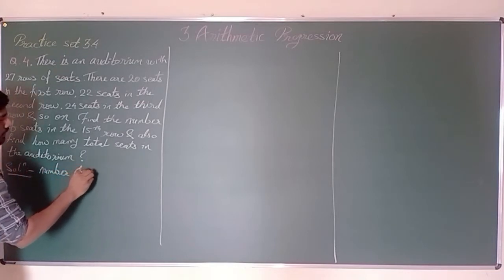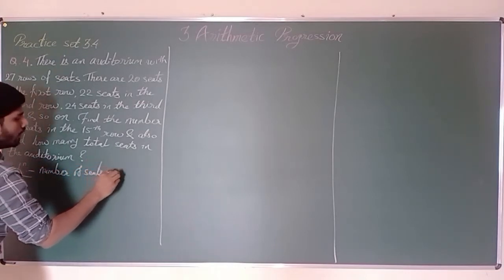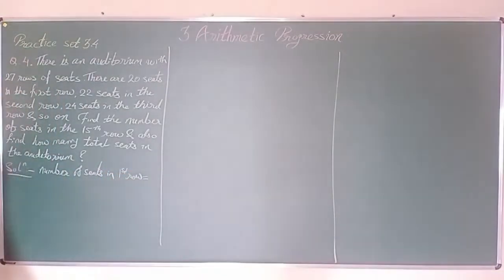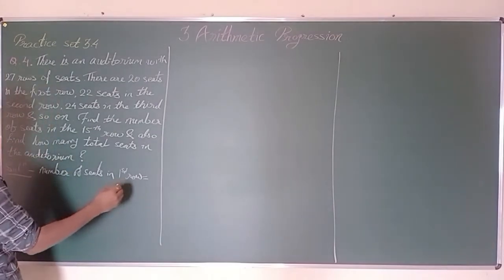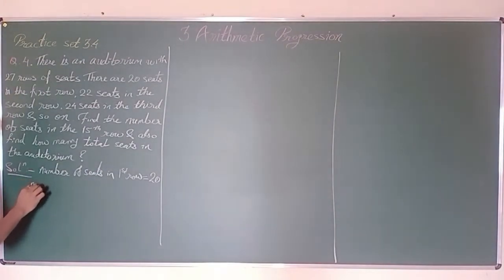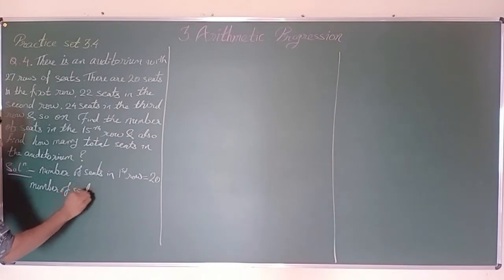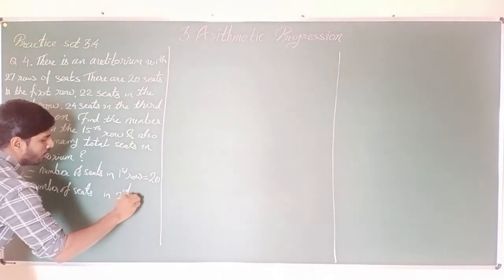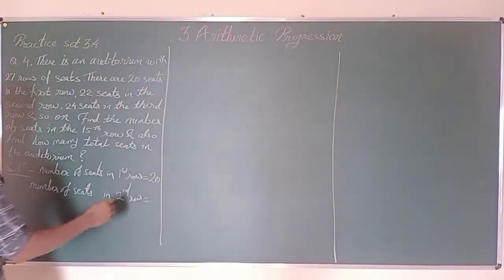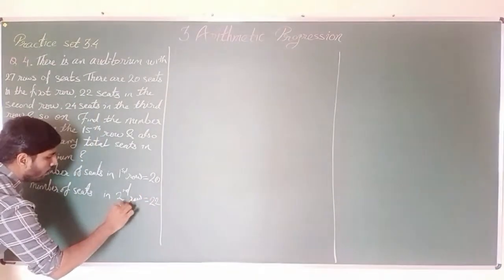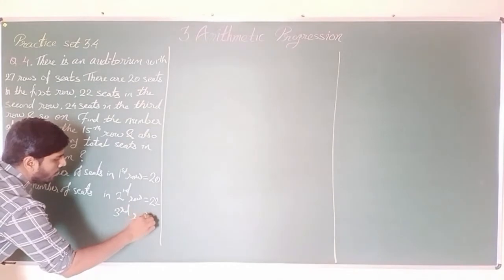Number of seats in the first row are 20. Number of seats in the second row are 22, and in the third row 24.